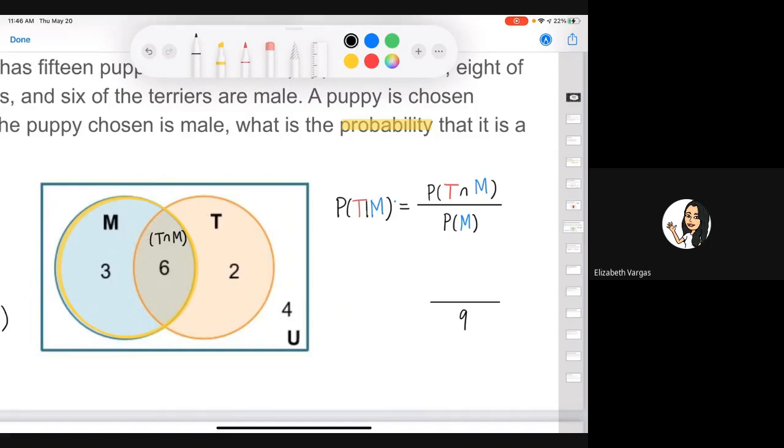That's how we represent "and" in a Venn diagram. Here would be those terriers and male, and so that's 6. Then we can simplify this further. 2 over 3.